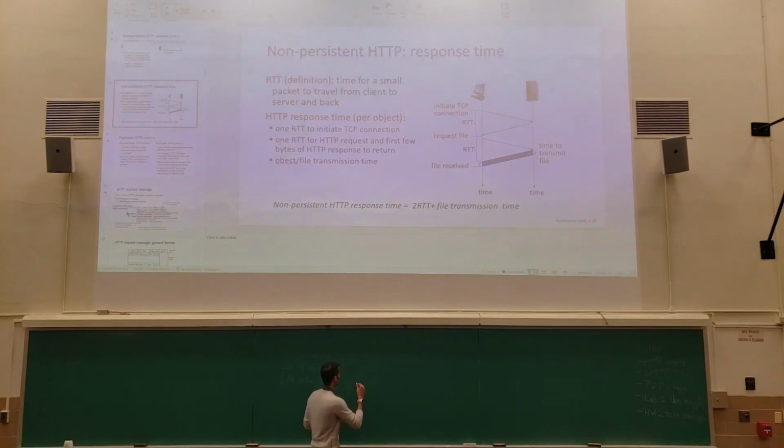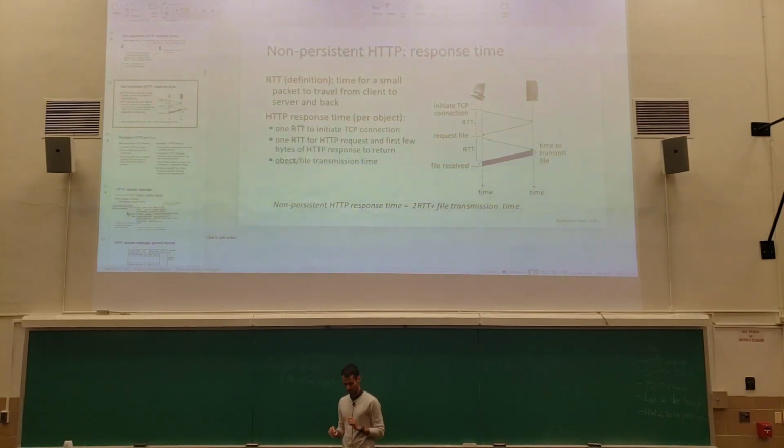So with HTTP 1.0, you have to form a TCP connection. That's one round trip. Go to the right, come back down to the left. That's just establishing the TCP connection.